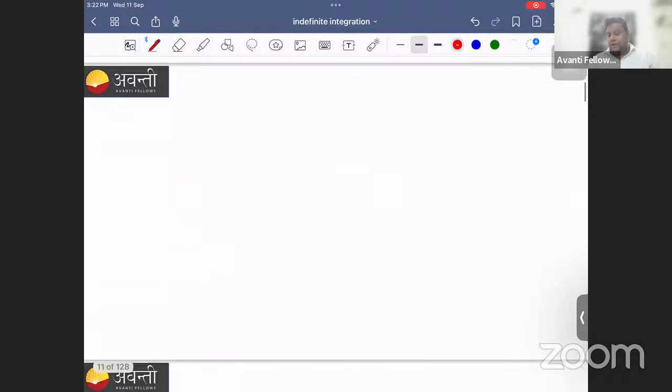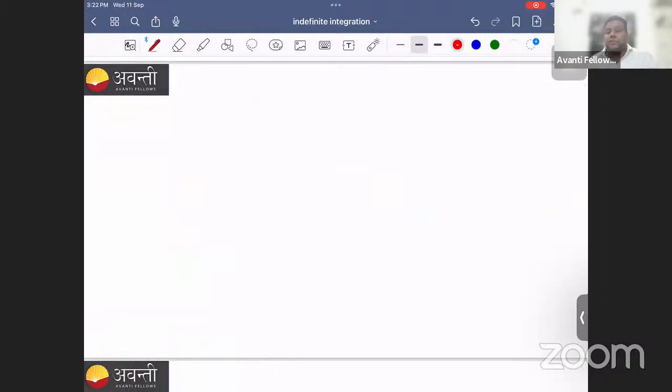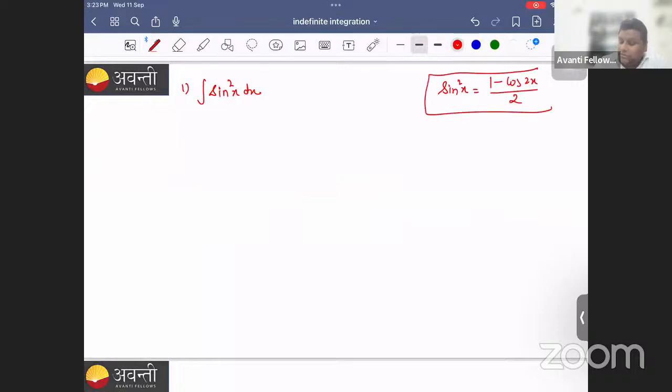Now I'm going to start with the integration of trigonometric functions. See, the only and most important thing here is the formulas of trigonometry. Like I have to calculate integration of sine square x dx. So the formula that you need to remember here is that sine square x is 1 minus cos 2x upon 2. You must know this formula.